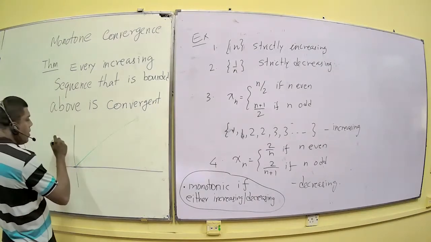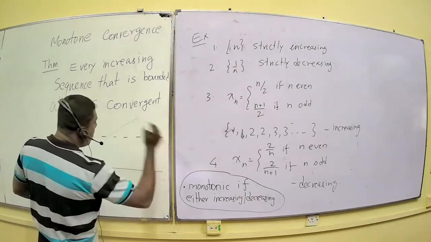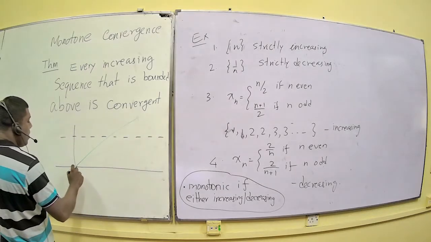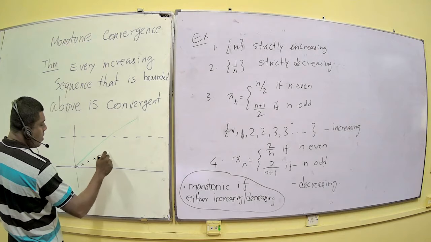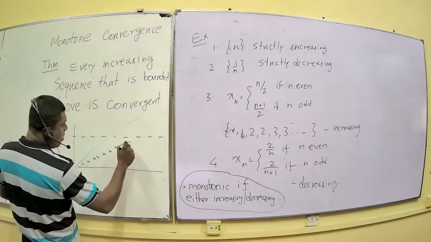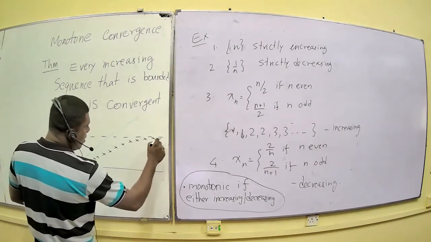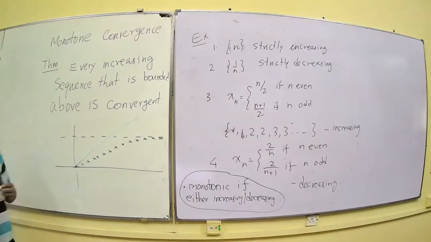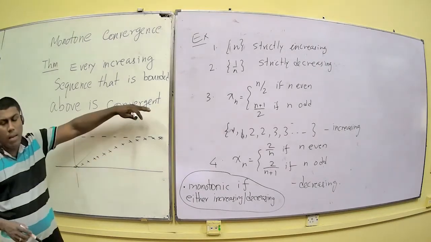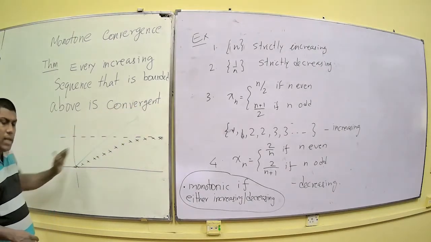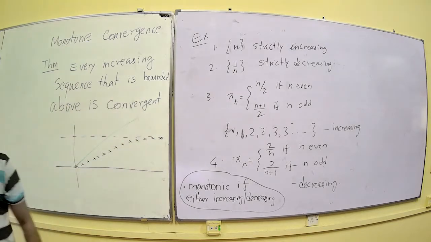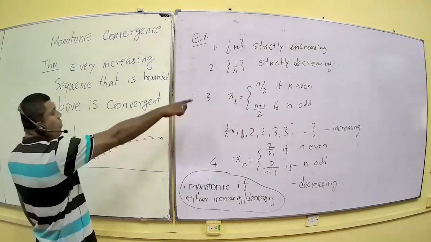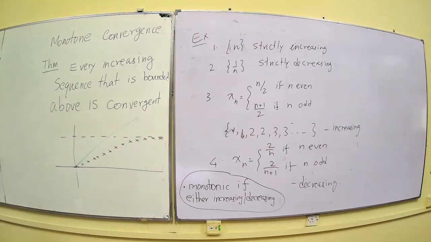But if I say there is a bound here, and the sequence is bounded above, then it cannot cross the upper bound. It is increasing, but it should stay below the bound, right? So the only way is that it will go very close to the upper bound.